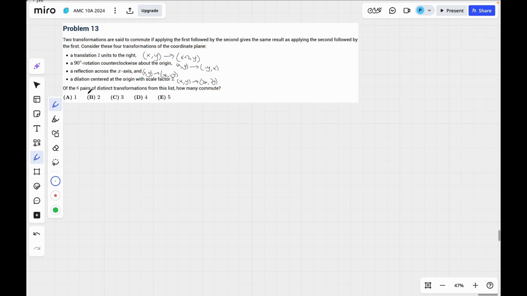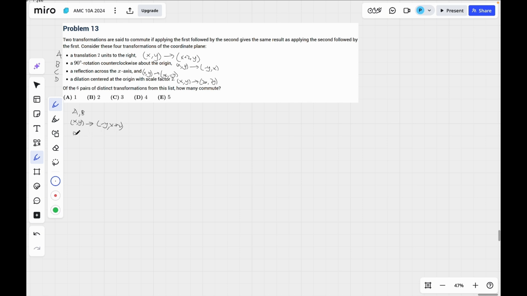So now we can go through each of the 6 pairs. So let's call these A, B, C, and D. Now if we do A then B, we will get that x comma y goes to negative y, x plus 2.